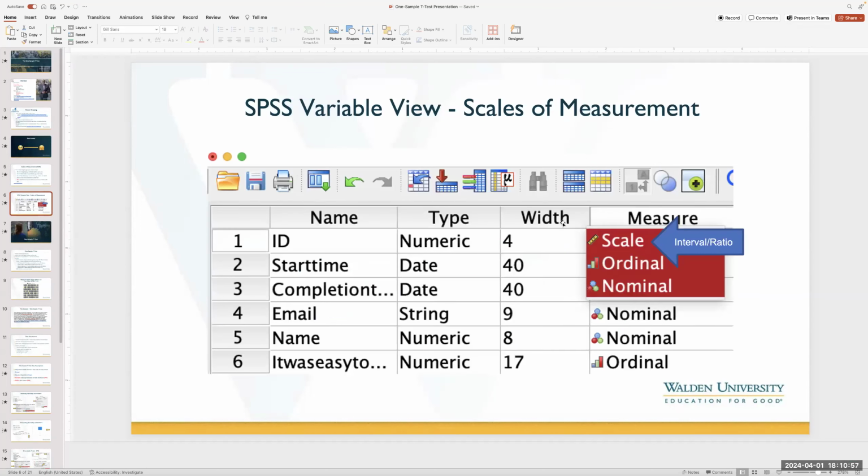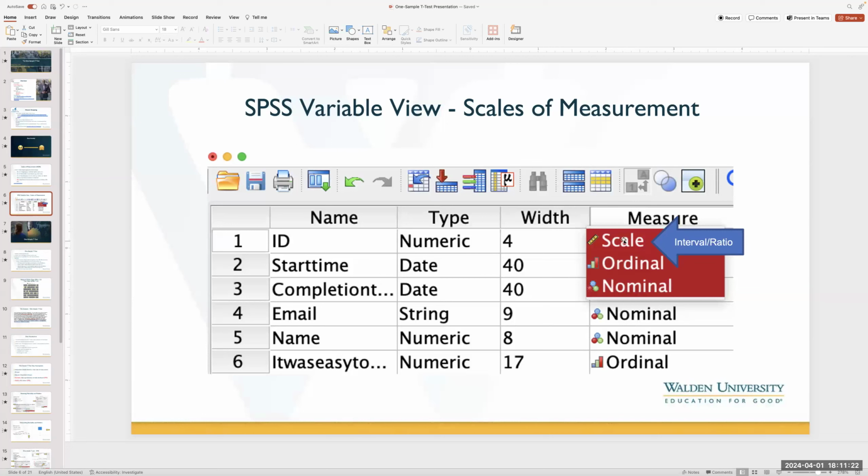Now, when we look in SPSS, we'll note that we said we have 4 types: nominal, ordinal, interval, and ratio. But we'll note that in SPSS, we only see 3 types. We see the nominal and we see the ordinal. But what we don't see is the interval and ratio. Well, the scale will substitute and take the place of the interval and ratio.